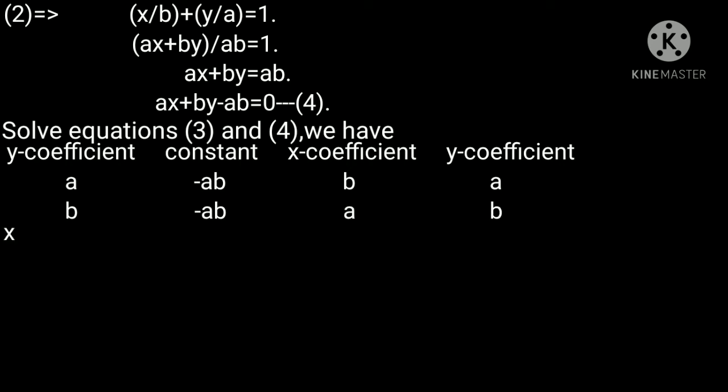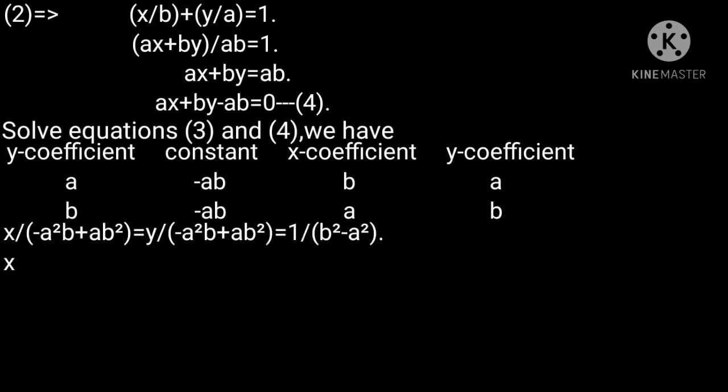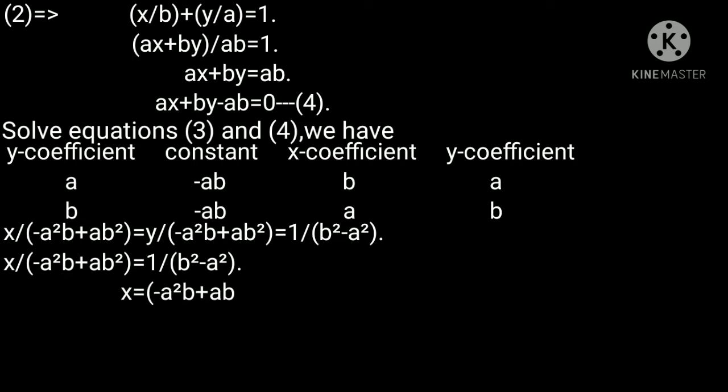After that, x/(-a²b + ab²) = y/(-a²b + ab²) = 1/(b² - a²). From this, x/(-a²b + ab²) = 1/(b² - a²). Next, x = (-a²b + ab²)/(b² - a²).